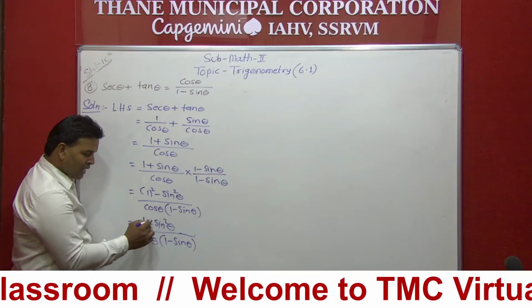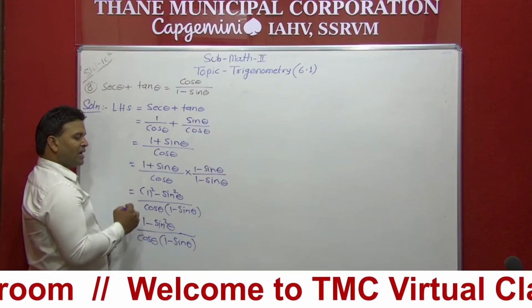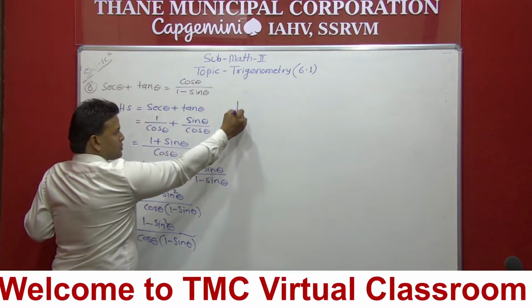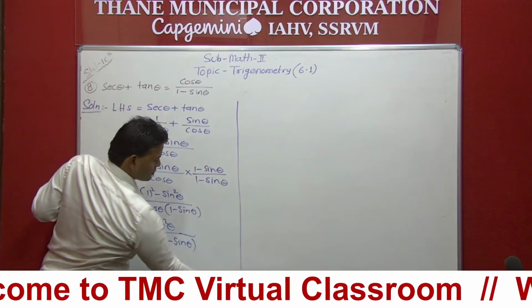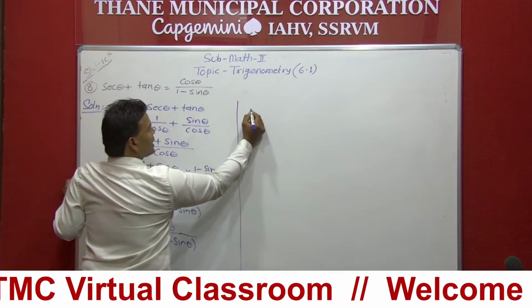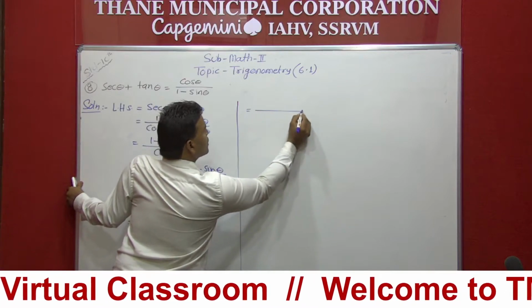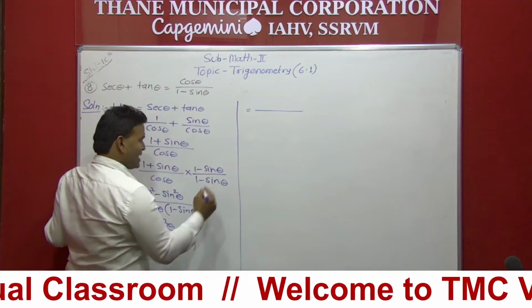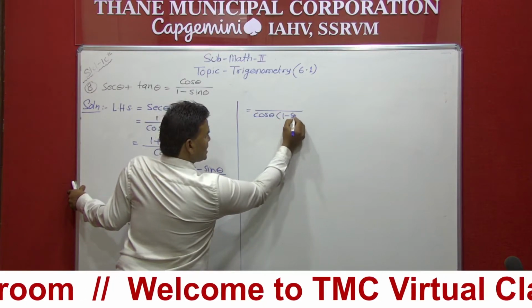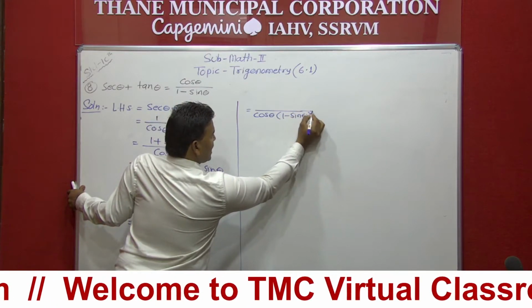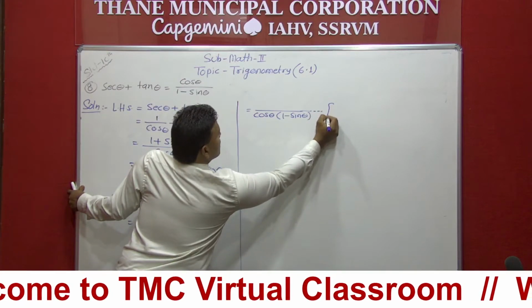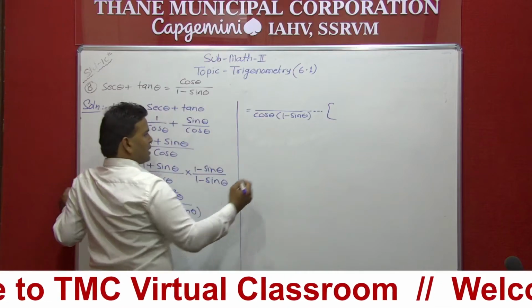Now see, 1 minus sin square theta, this is one of the identities. Here I am going to solve somewhere here. Okay, so here this is going to be, now see what I am writing here, something upon cos theta 1 minus sin theta, that is equal to, sorry, not equal to. Now see, here I am giving the reason. First let us see the reason. What is the reason?